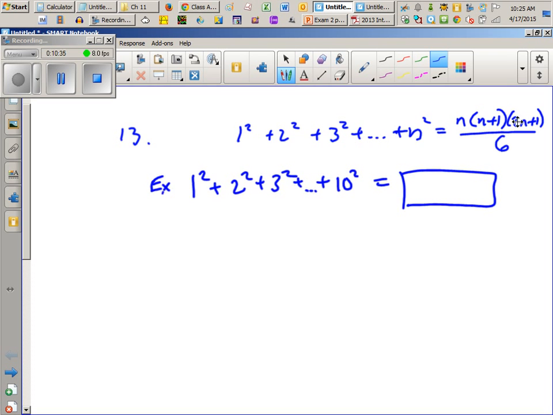So we're going to turn number 13 into an actual notes example. Okay, so let's get out our notes. This is number 13 from the homework, and now we're going to use this as if it was a formula. So what I'm saying is, in number 13, you proved this thing, but you've never had the privilege of using it.